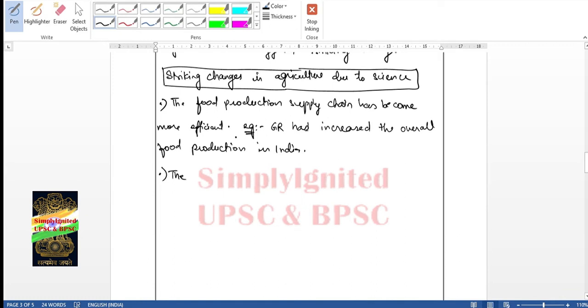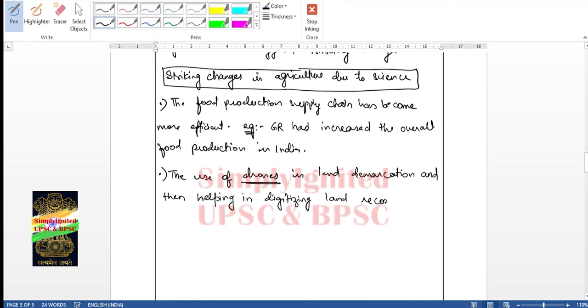Okay, now we must write about the institutional problems. The use of drones in management of field demarcation or land demarcation, and then helping in digitizing land records, thus will help in land reforms 2.0.